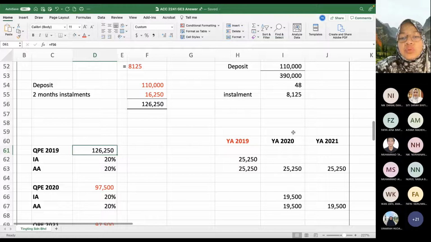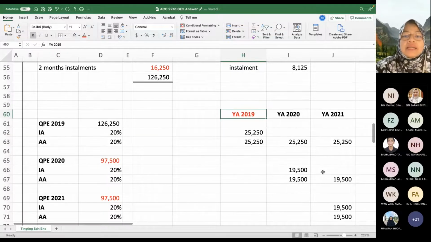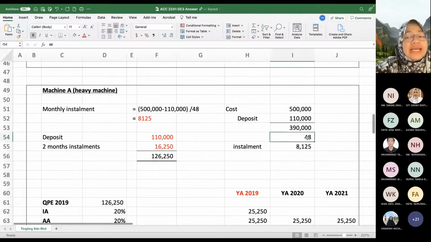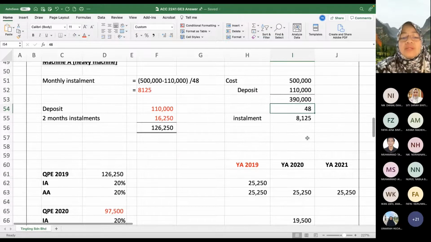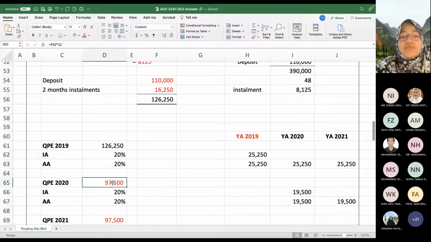And you are going to claim that in the first year, 2019, IA and AA at 20% each, and annual allowance in 2020 and 2021. For the following year, remember that the installment period is 48 months, so you still pay 12 months in YA 2020. So what is the installment payment? 12 months times 8,125.